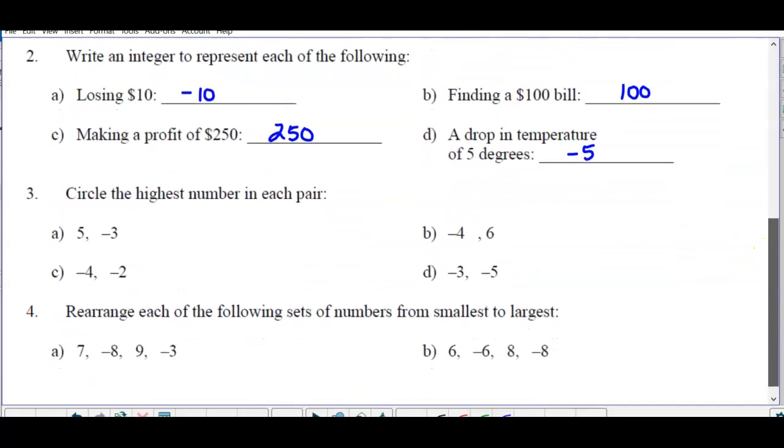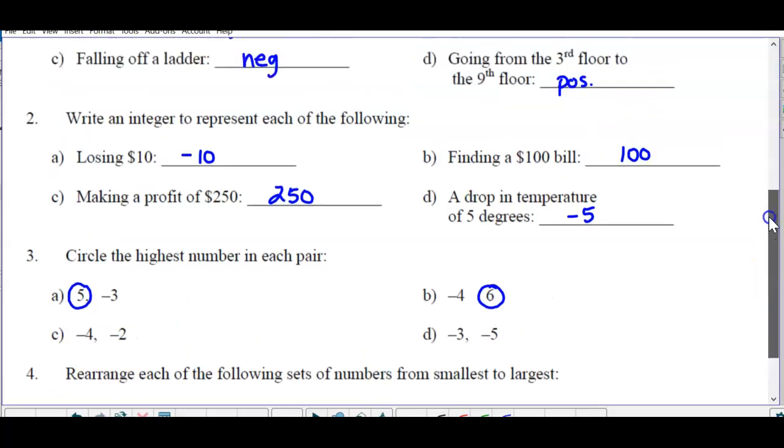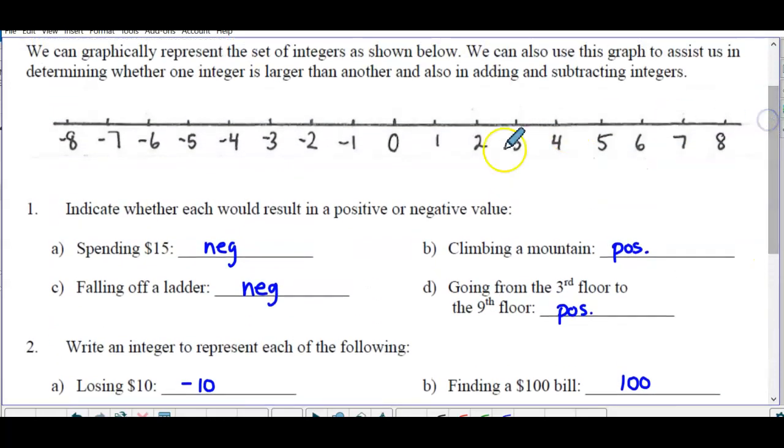Okay. Circle the highest number in each. Well, certainly if there's one positive and one negative, that's a no-brainer, right? If they're both negatives, then you have to think about which one is further right on the number line. Sometimes students look at the digits. It's not the digits. You want to look at the rightmost value. For example, here, 4 is bigger than 1 because it's to the right of it.